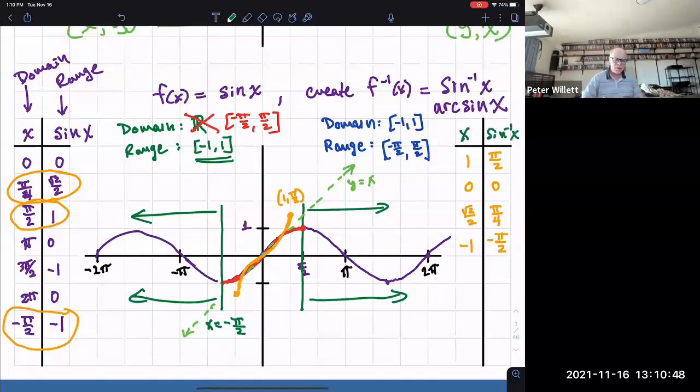The idea is that the domain and the range have been switched, the x and y's have been switched from the sine function. So for the inverse sine function, I plug in numbers between 1 and negative 1. And it spits out angles between negative pi over 2 and positive pi over 2 that I would have used in the sine function to get that number.